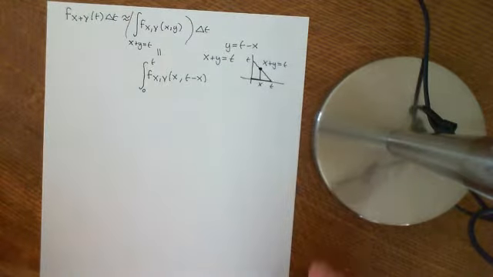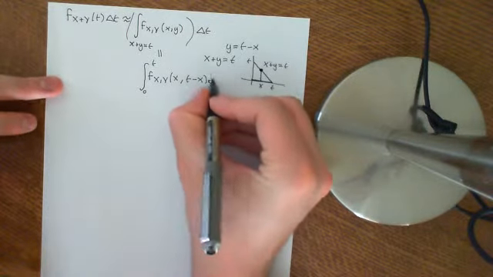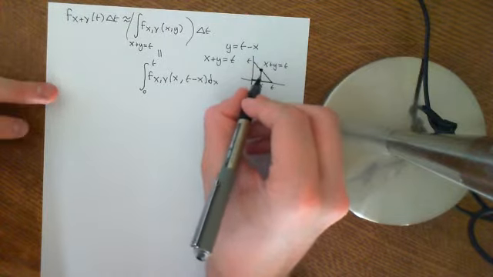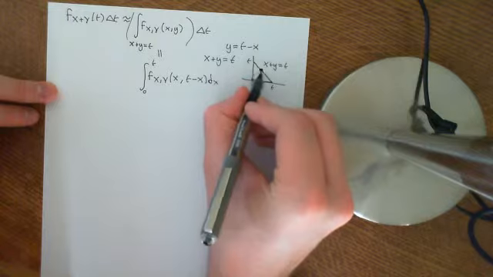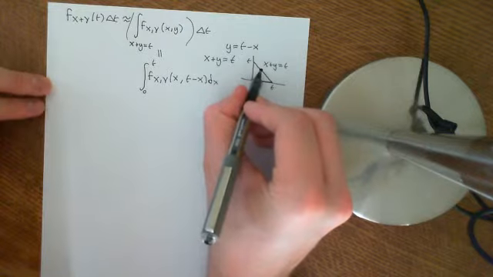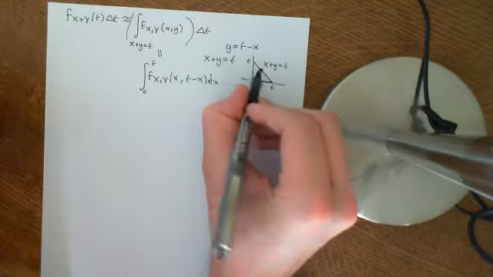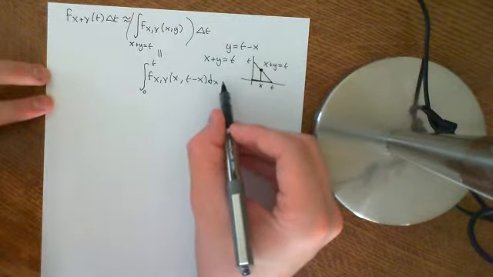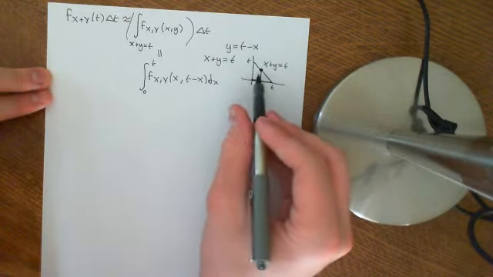Then what we need to do is multiply that by dx to turn it, to an extent, into an area. But what you might be thinking is, don't we need to multiply it by something else? Basically what that does is turn it, to an extent, into a probability rather than a probability density.